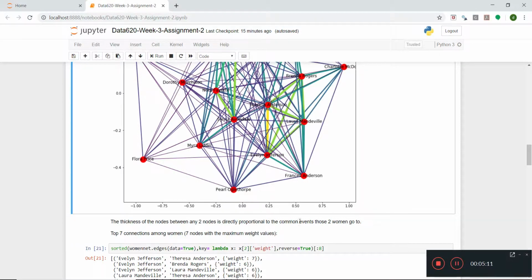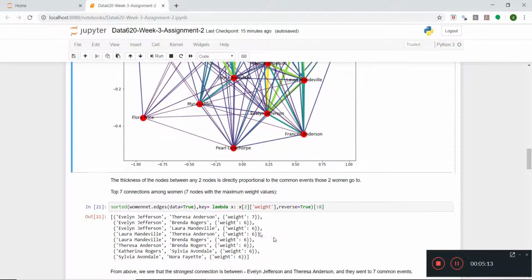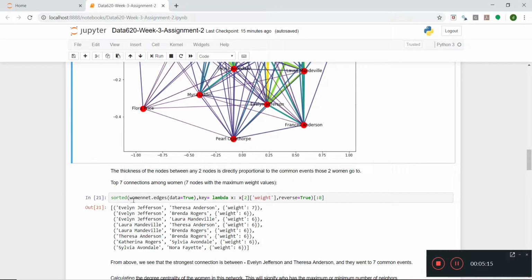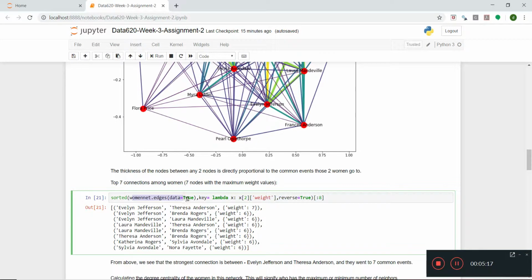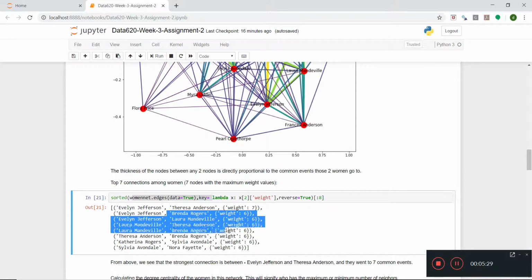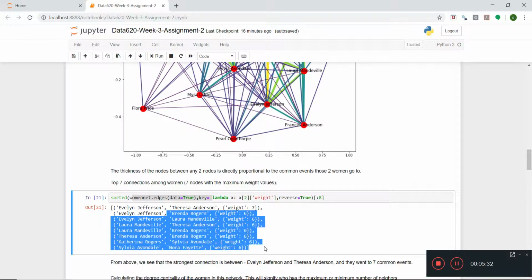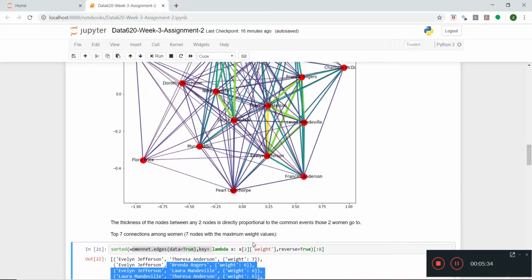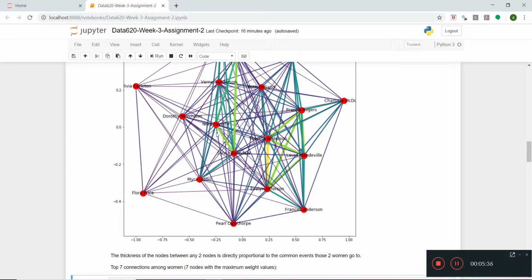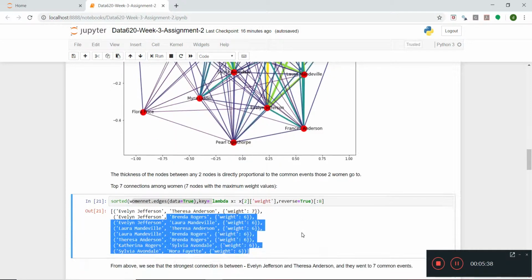Below, we are sorting the new graph for women by weights. Evelyn and Teresa have 7 events in common, followed by these further links which all have 6 in common, shown by the green lines.